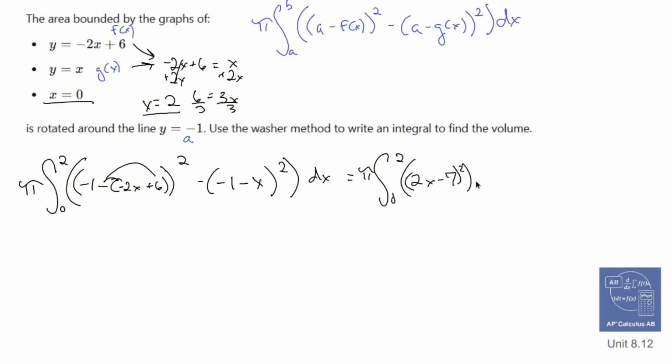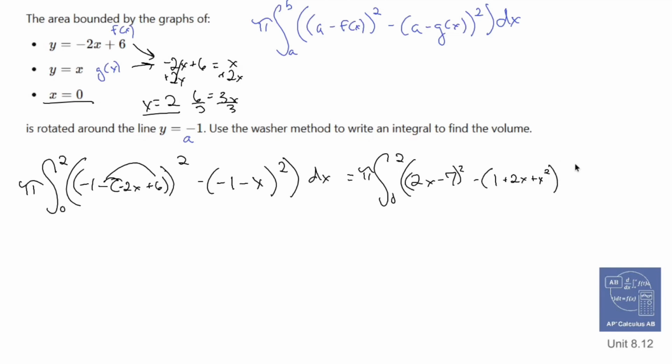I did it again with the parentheses. What's wrong with me today? Minus, why don't I perfect square trinomial that right now, so you get 1 plus 2x plus x squared.